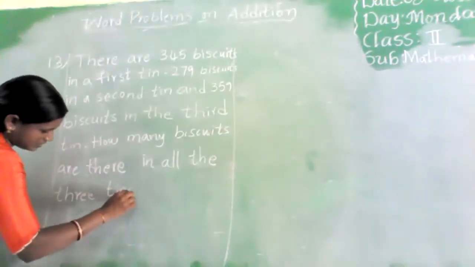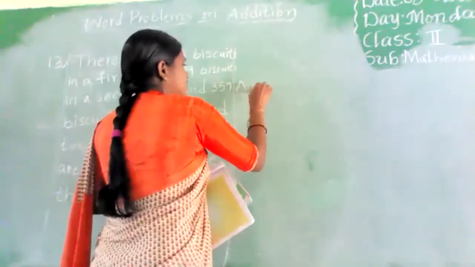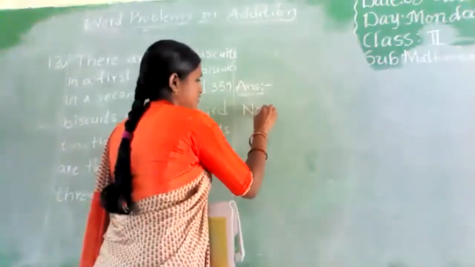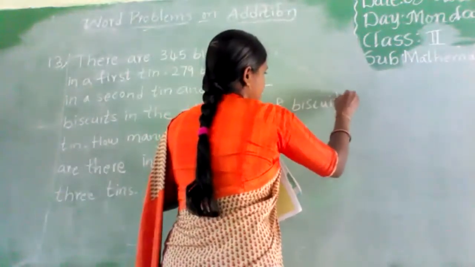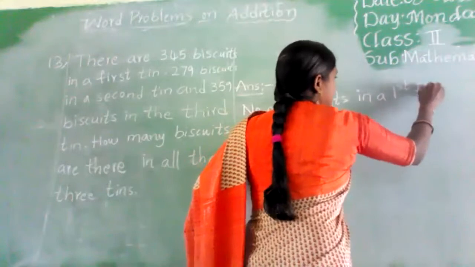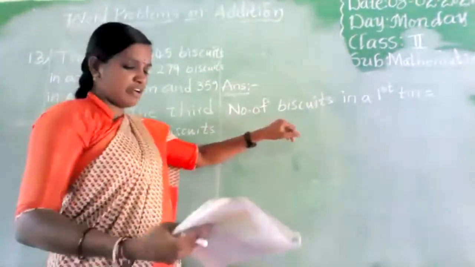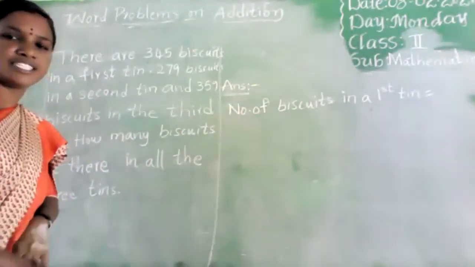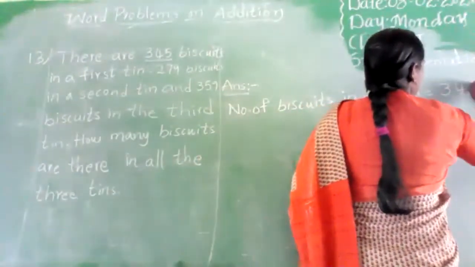See here first. Number of biscuits in the first tin: how many biscuits are there in the first tin? 345.